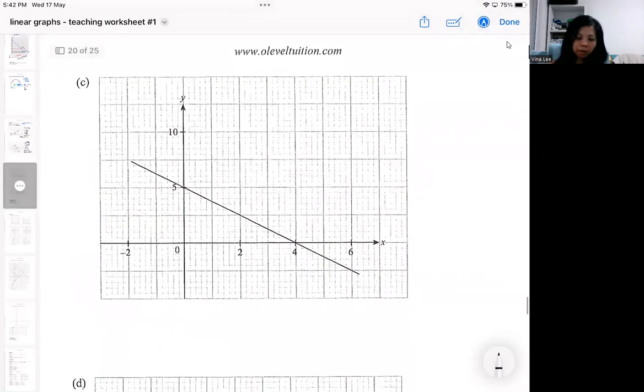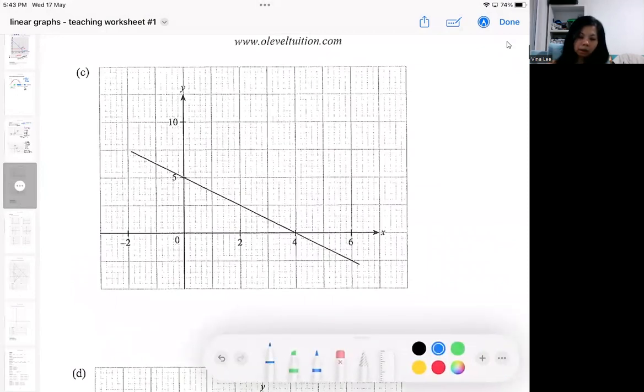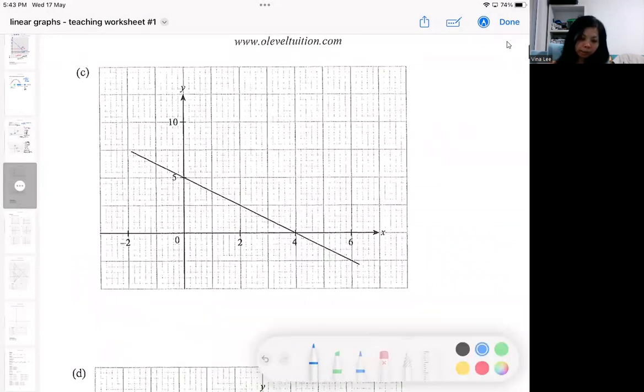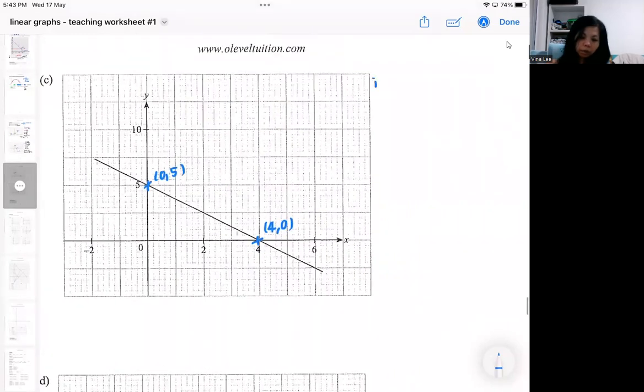Okay, the next one, same thing. I need to get 2 points first. Any of the 2 points, you just need to make sure you read the coordinates correctly.